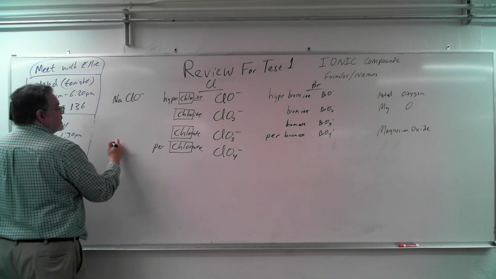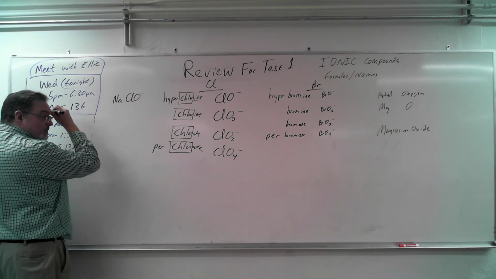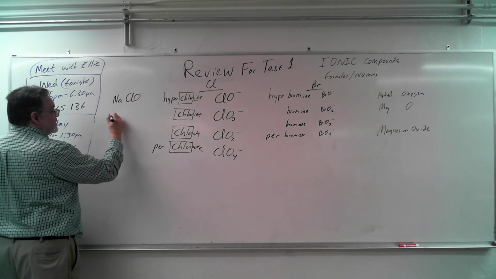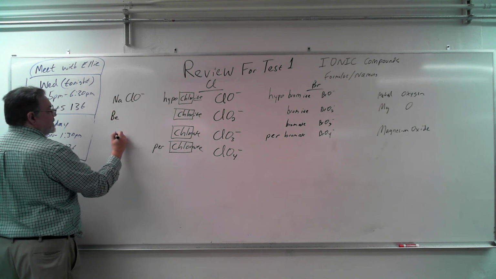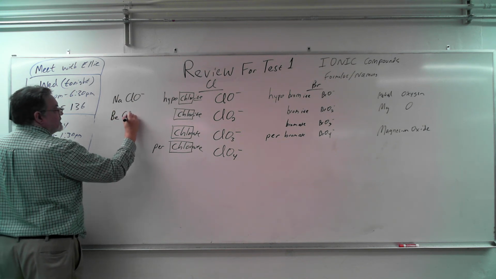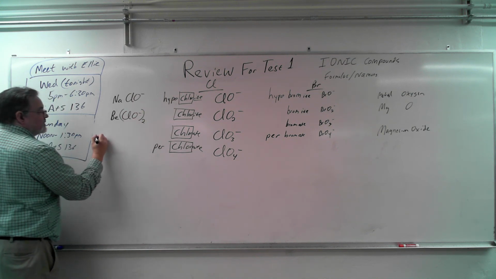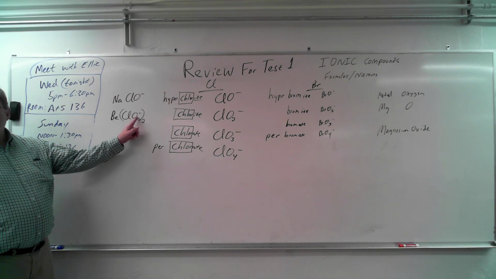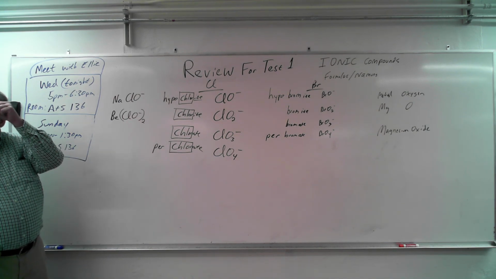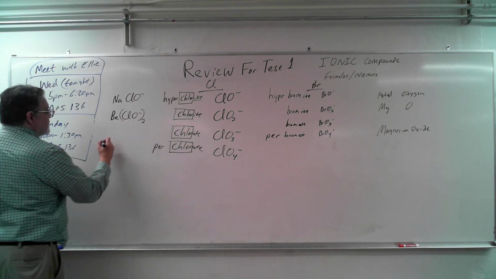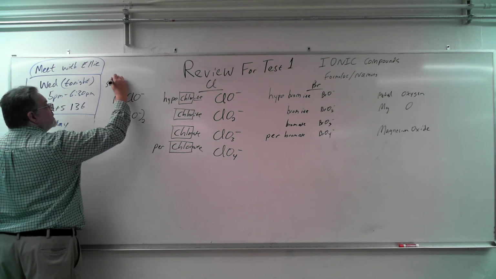Or I could do beryllium, which is 2 plus, so that would be Be(ClO)2, because this is only one negative. So I would need two of them.